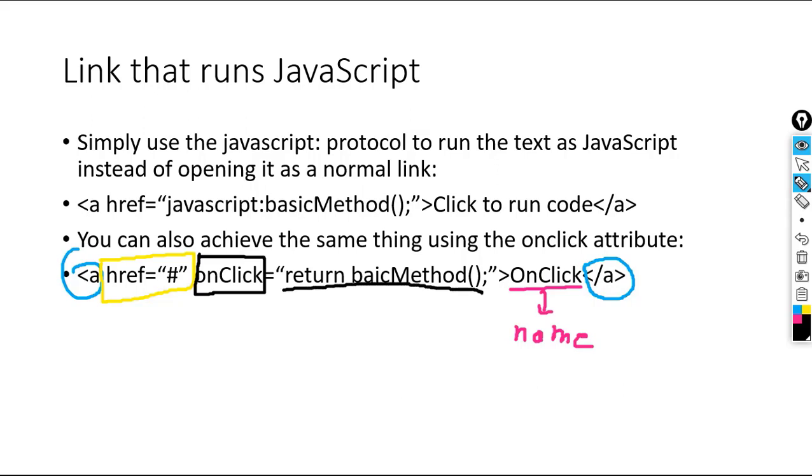So here with the help of the onClick attribute we can execute our JavaScript code, as here we are not using any link or any URL. That's the reason the value of the href attribute is empty, or we can put it as hash.